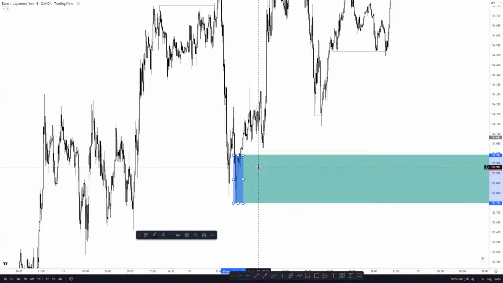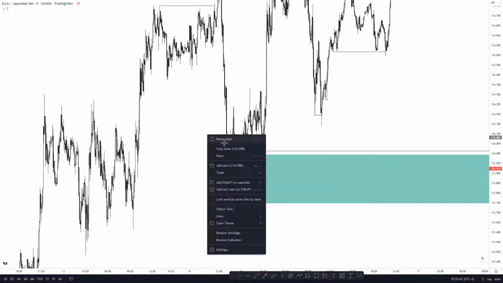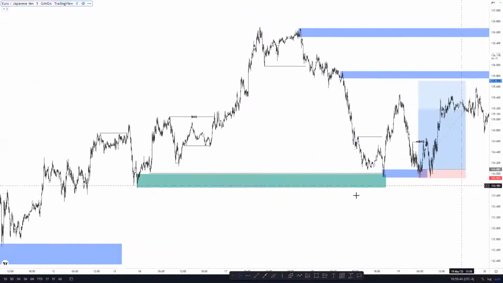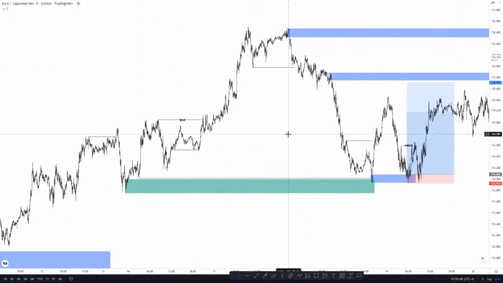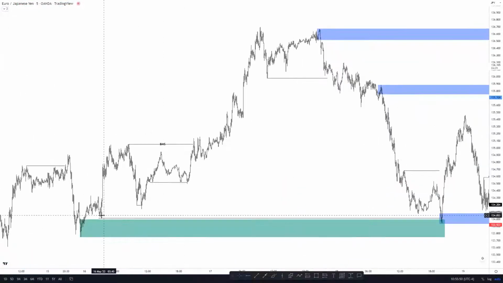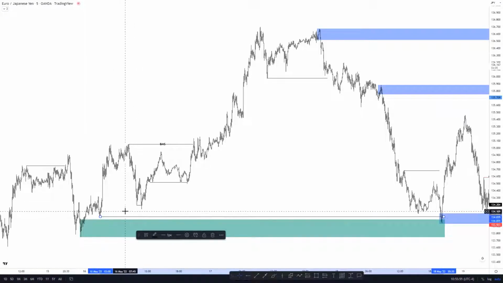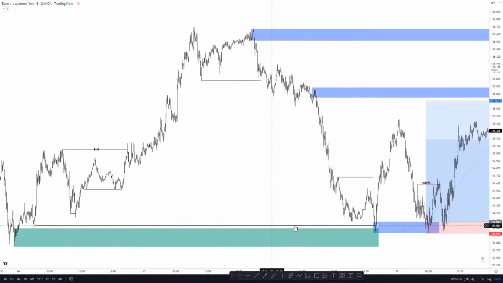So that's why I have marked this zone as a point of interest, because this was a large zone for the up move, and this candle has failed to fill the fair value gap here. So that's why I've chosen this zone as my point of interest.